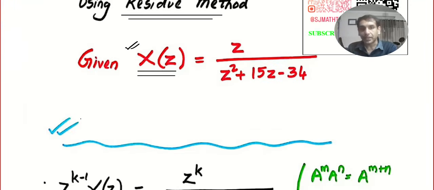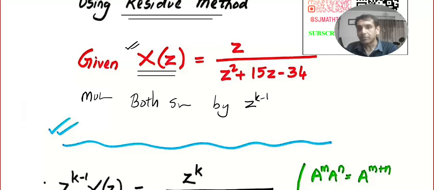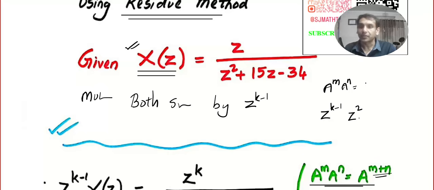So I'm going to write, multiplying both sides by z to the power k minus 1. I hope you remember the laws of indices. What is a power m times a power n? You have to add the powers. So suppose you want to multiply z to the power k minus 1 with z square.